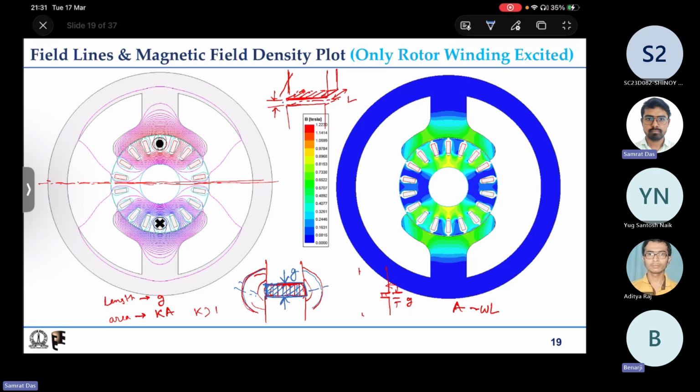I thought you are saying why we have lesser density at the magnetic axis in the CFD diagram. Oh, no, no, I'm not yet there. Okay, sir, got it. I'm just discussing.